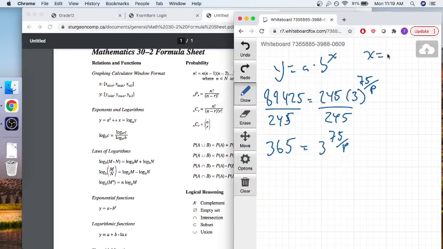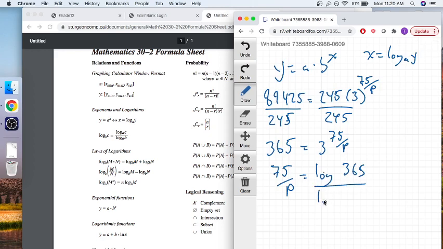Okay, and then we'll do our formula here, x equals log a of y. So our exponent 75 divided by p equals log 365 divided by log 3. Okay, that's going to equal 5.37.